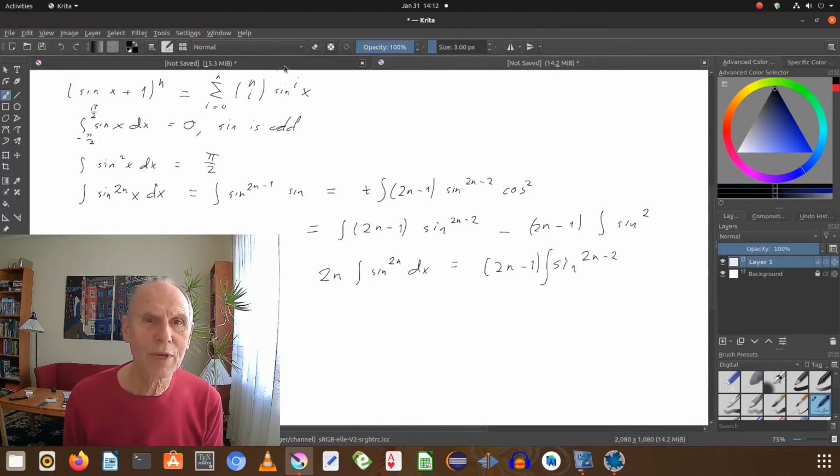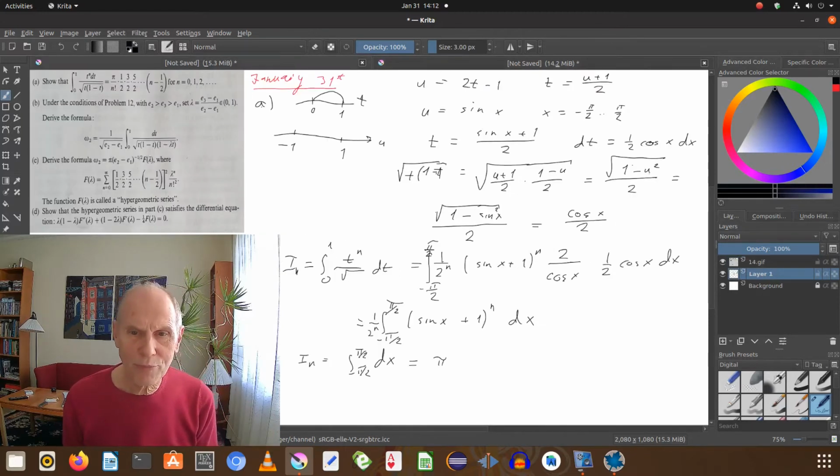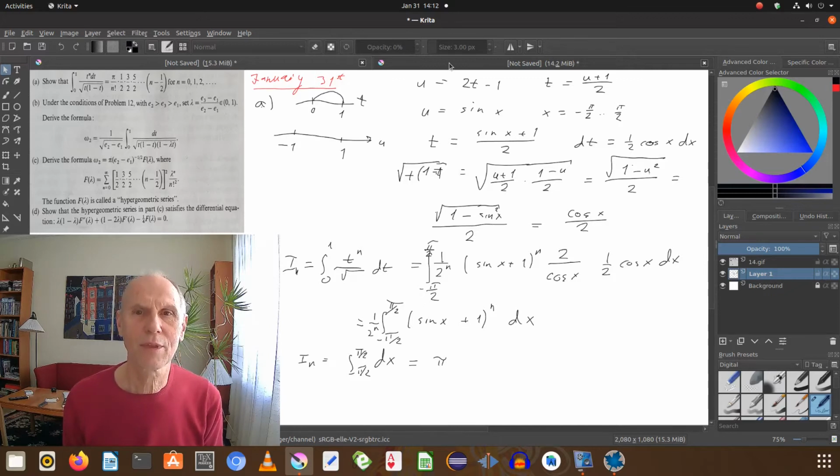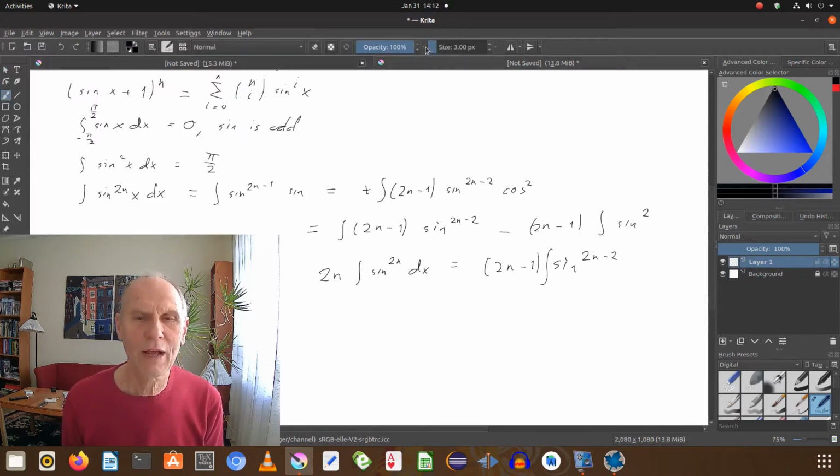So we have the integral over sine x plus 1, and if n is odd, well, I feel more like trotting along with what I'm doing. Now this integral we can call Kn.